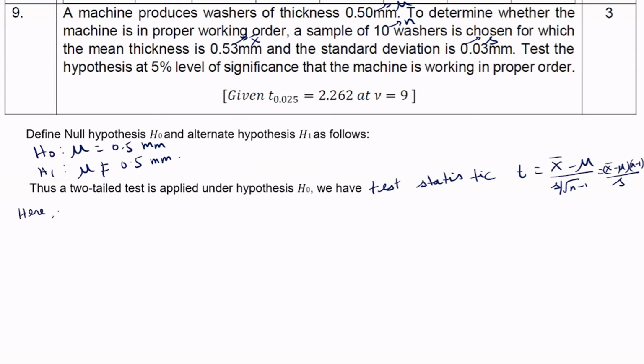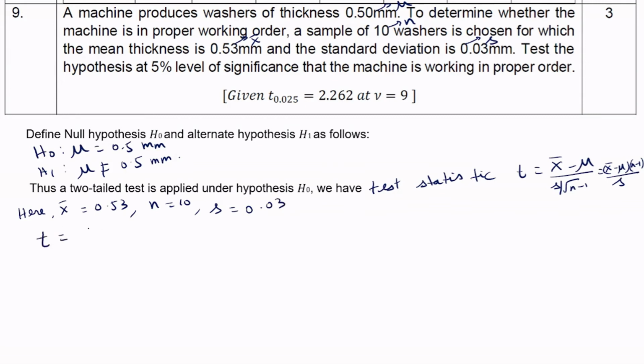Here we have x bar is 0.53, mu is 0.5, that is what we have taken as H0, then n is 10, s is 0.03.